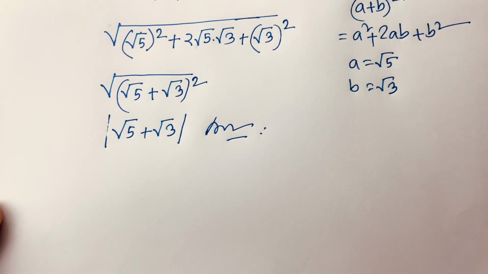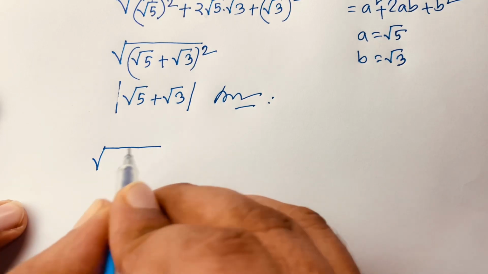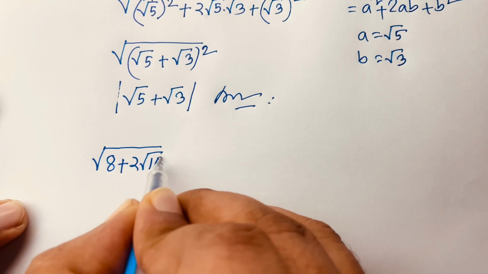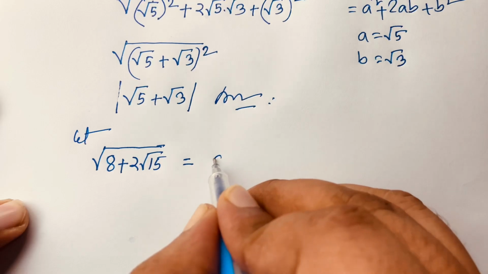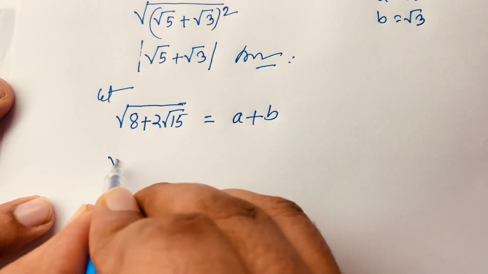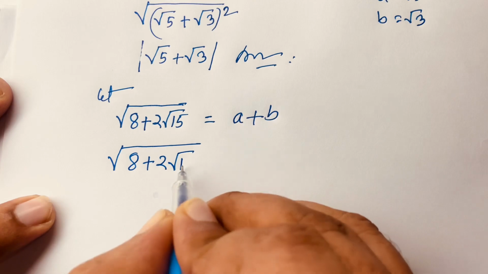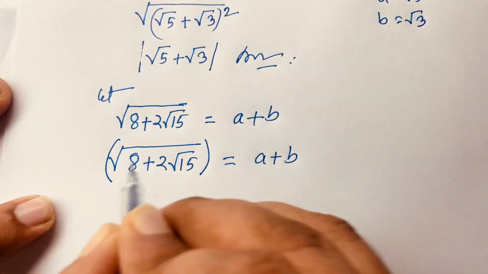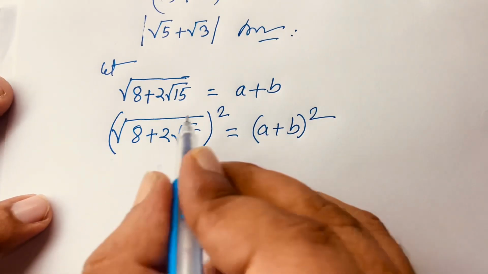Now I solve this question with another method. Our question is square root of 8 plus 2 square root 15 is equal to a plus b. I take the whole square on both sides. Then the square root is cancelled.